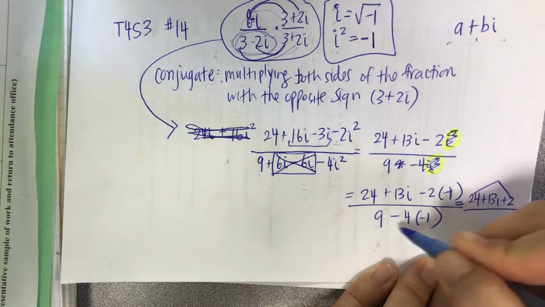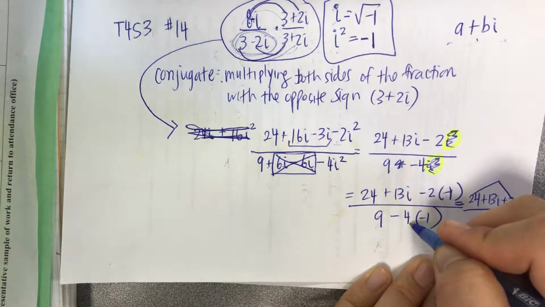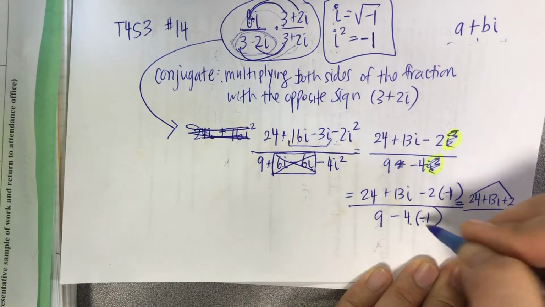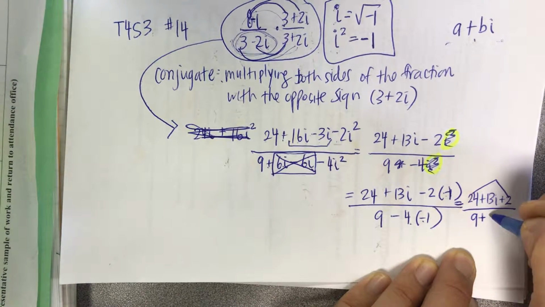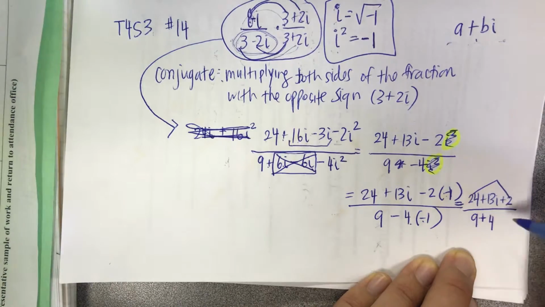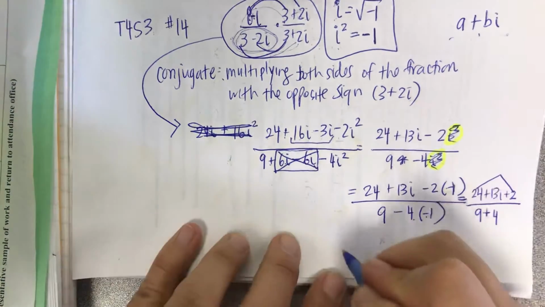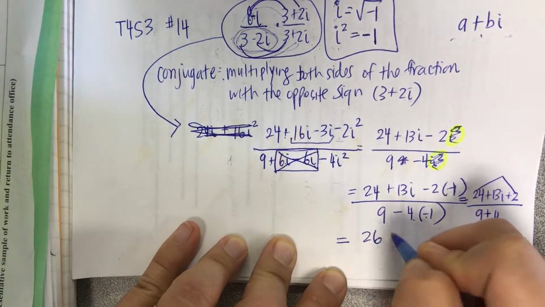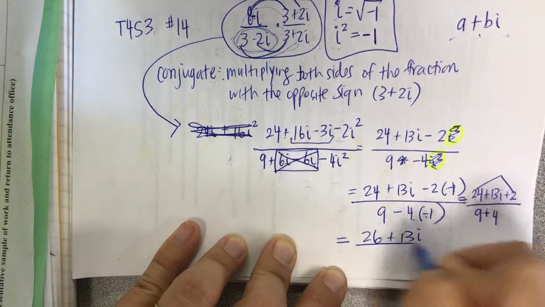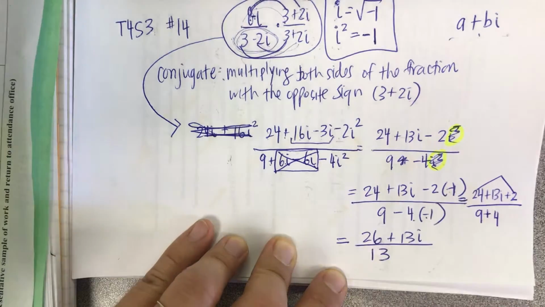Okay, but let's take care of the bottom. This is going to be negative 4 times negative 1 is positive 4. 9 plus 4, okay, so that's going to be 13. So we'll do that down here. So it's going to be 24 plus 2 is 26 plus 13i over 13.